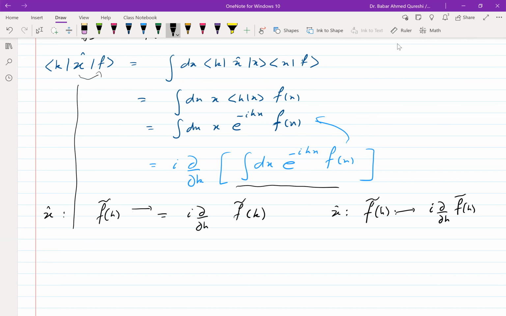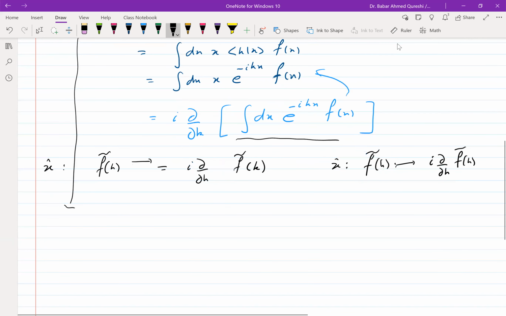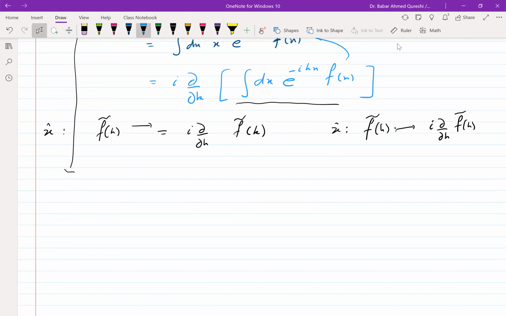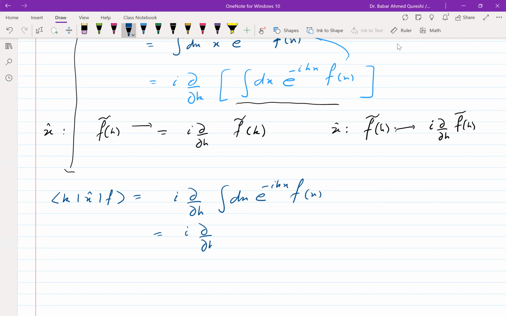And this same thing you can bring over here, write it in this notation. So I have this, k x hat f, and over here I have computed this to be equal to this.